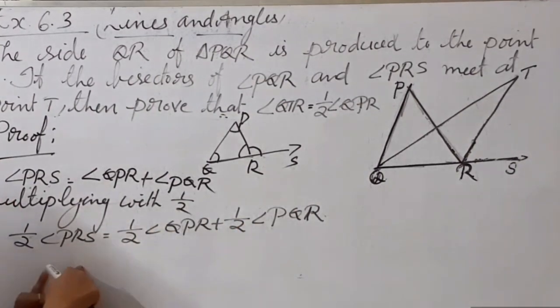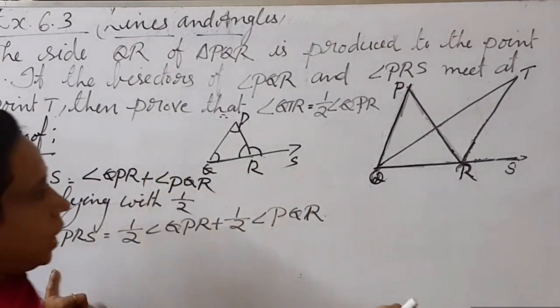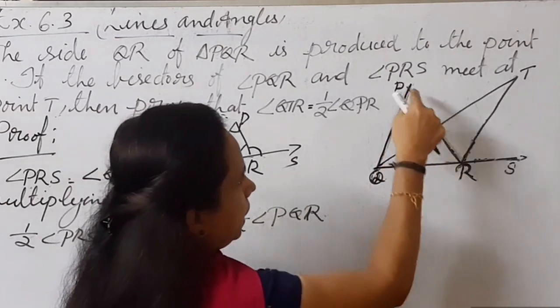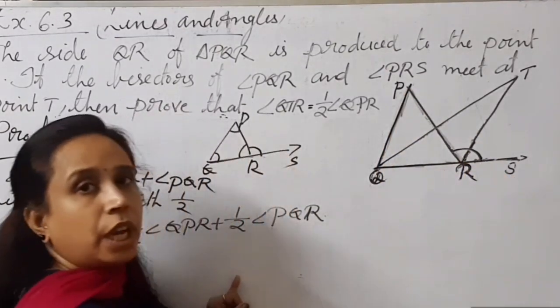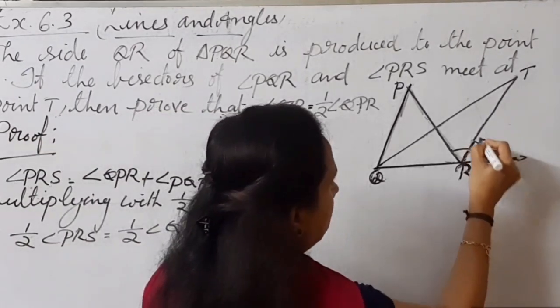Now we see this diagram. What is half of angle PRS? We can find it from this diagram. This is the angle PRS. Now half of angle PRS we can take as angle TRS.